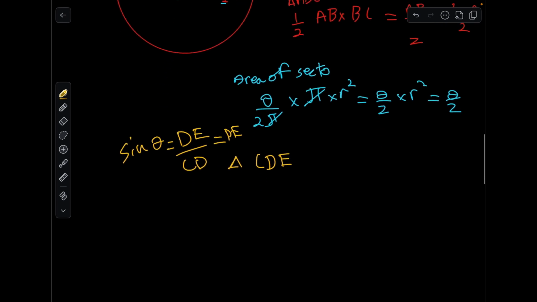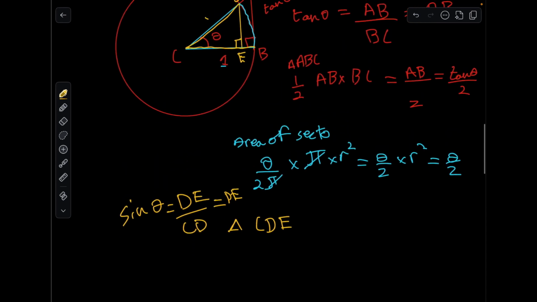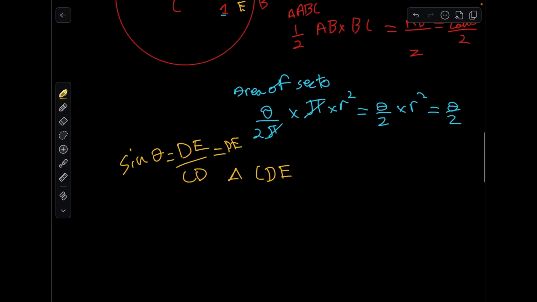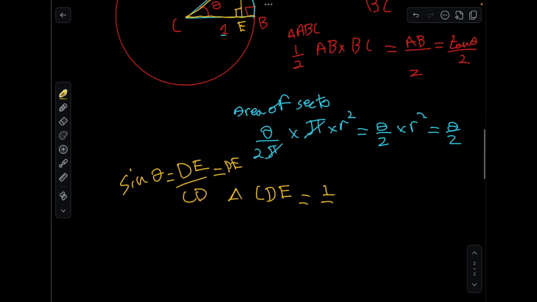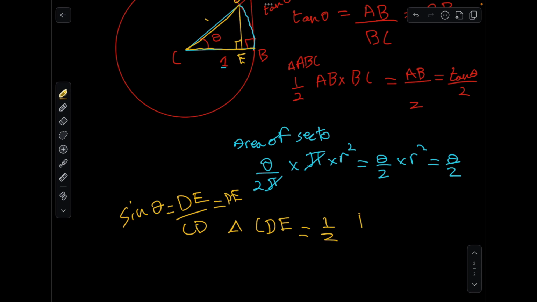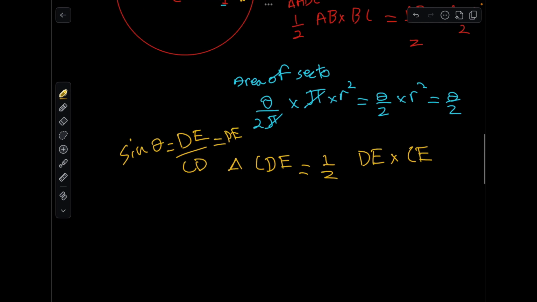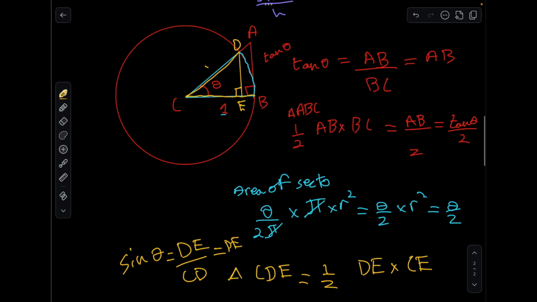So using that, we can say that the area is half DE into CE. So we can say sine theta by 2. But what about CE?